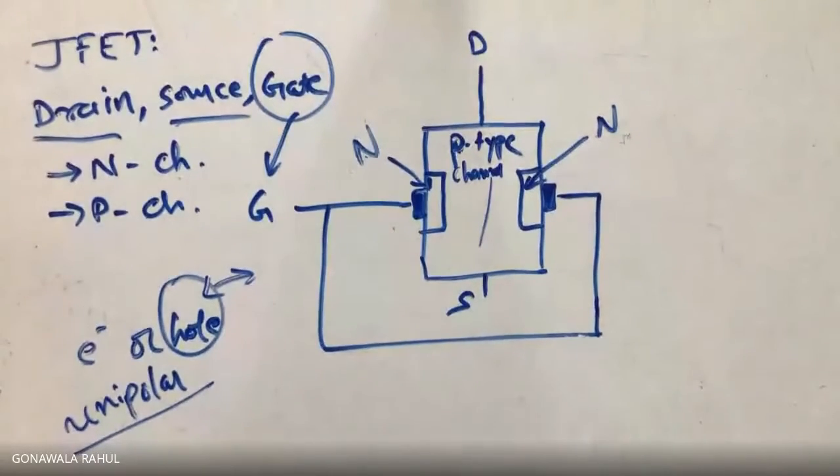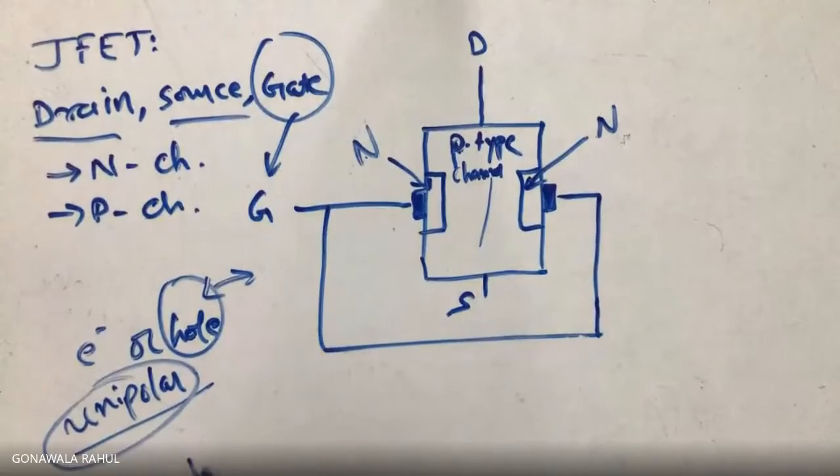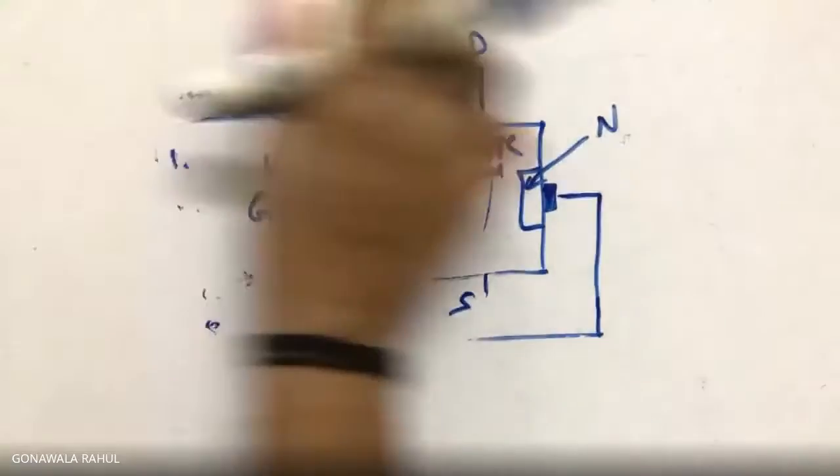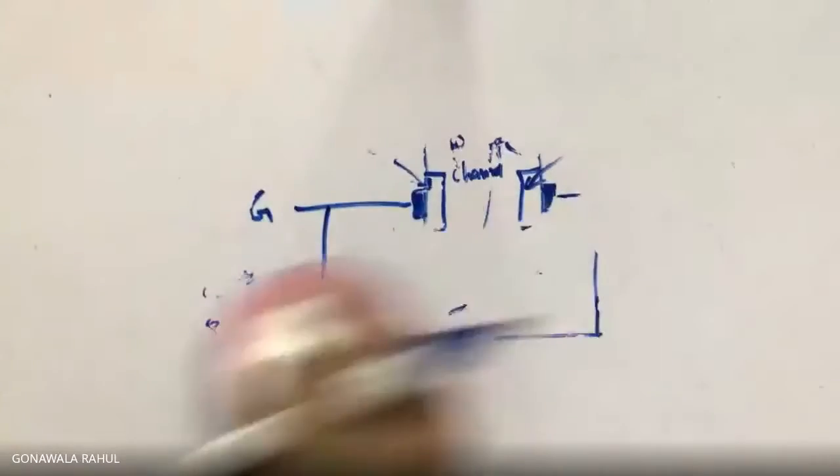Clear? So two important points we have noted here: JFET is a unipolar device and JFET is a voltage controlled device. Clear? Now let's have some schematic symbols for JFET that can be used repeatedly.